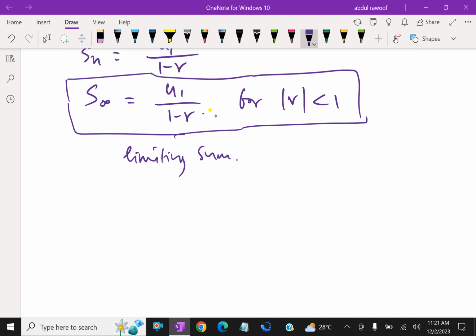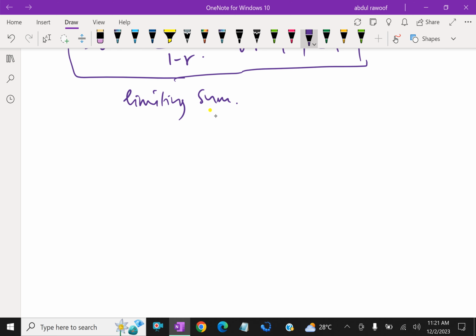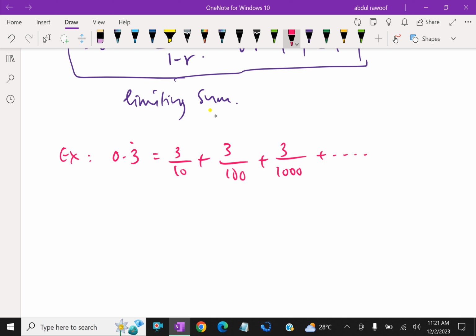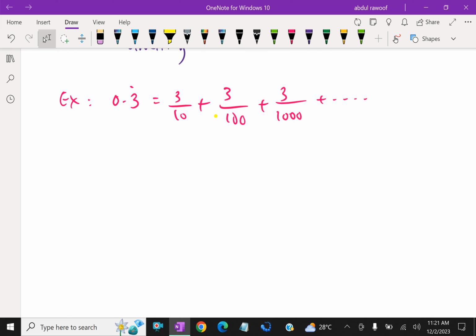Now, for example, consider 0.3 recurring, which is equal to 3 over 10 plus 3 over 100 plus 3 over 1000, and so on, which is an infinite series.